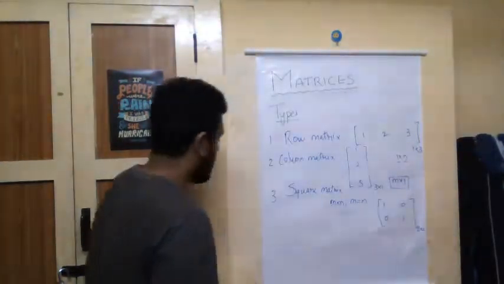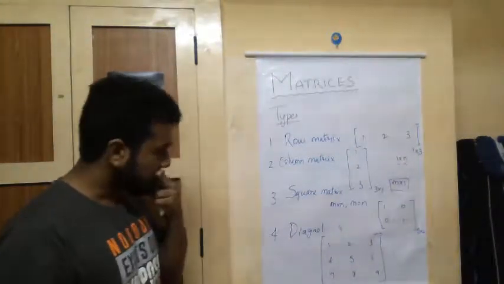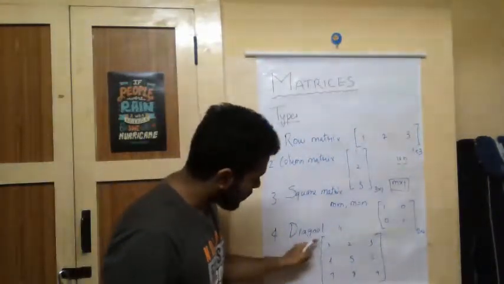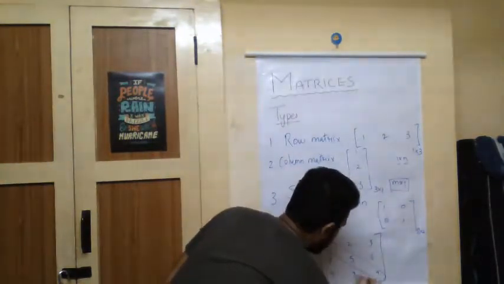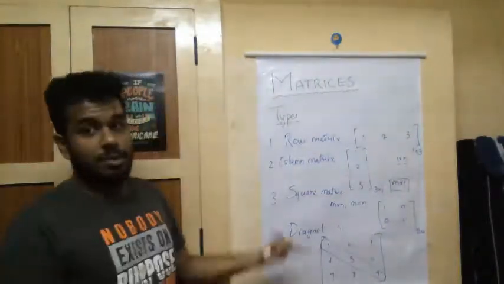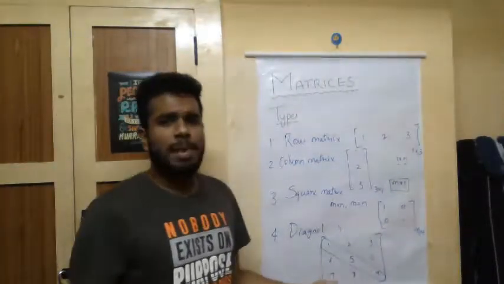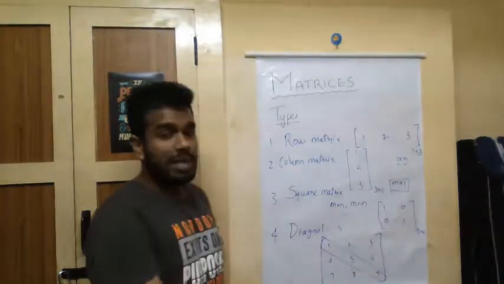The next one, I'll just give you an example of a diagonal matrix. This here is called the principal diagonal of a matrix, of any matrix basically. The principal diagonal only exists for square matrices, clearly, because there have to be an equal number of elements.